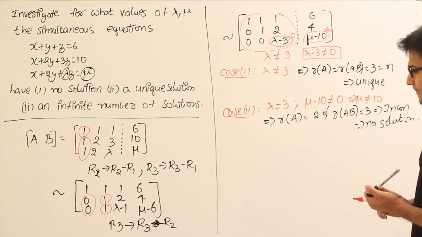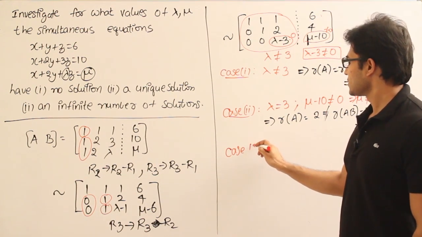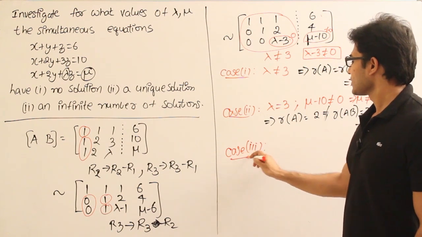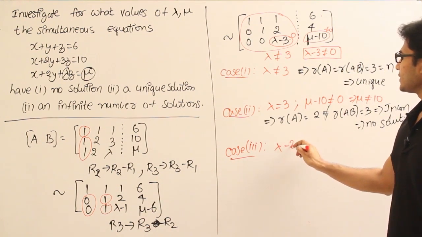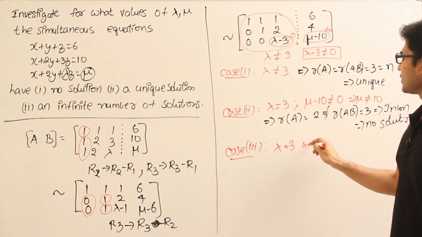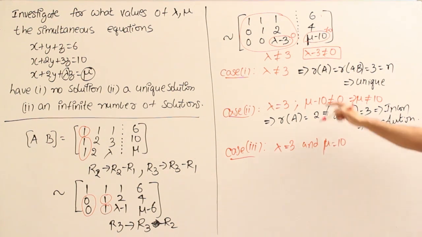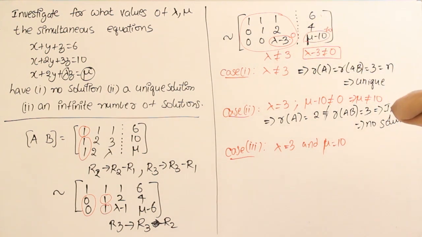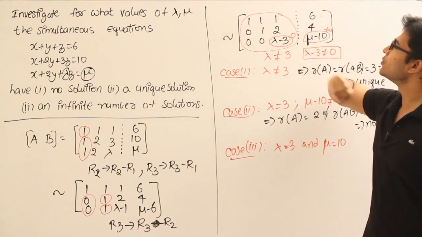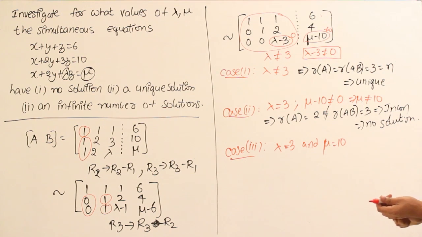Okay, and then case 3 is lambda equal to 3 and mu equal to 10. So what does it mean? This one is 0 and this one is 0. If these two elements are both equal to 0, what about the number of non-zero rows in A? The number of non-zero rows in A equals 2 and the number of non-zero rows in AB is also equal to 2.